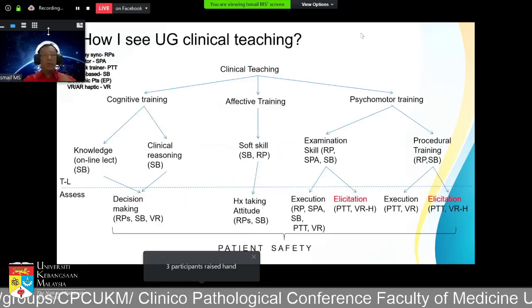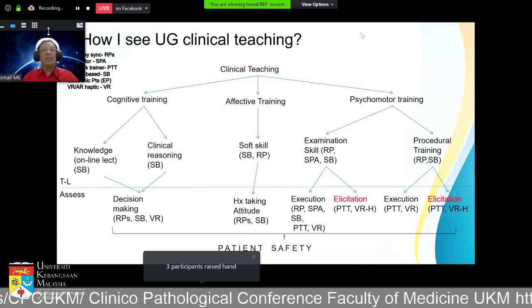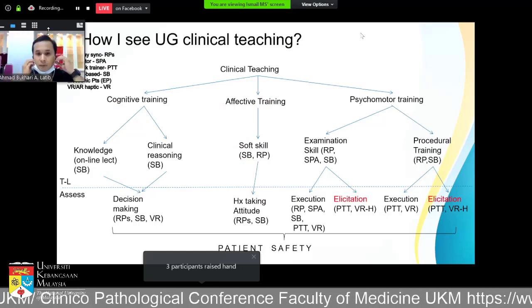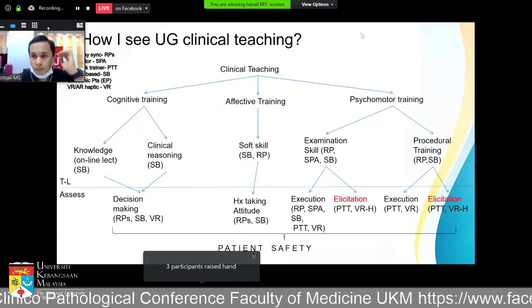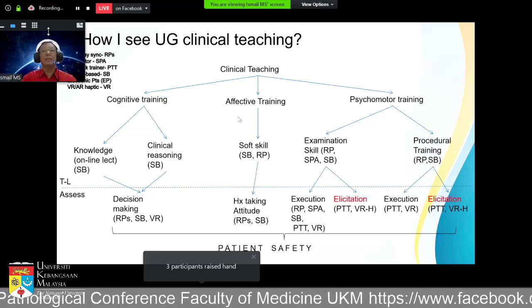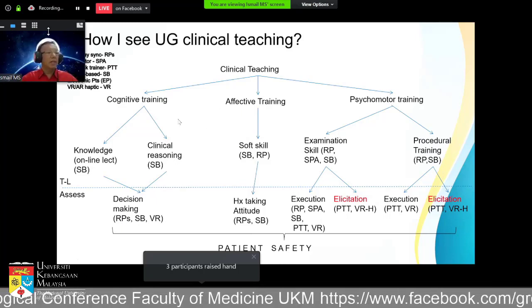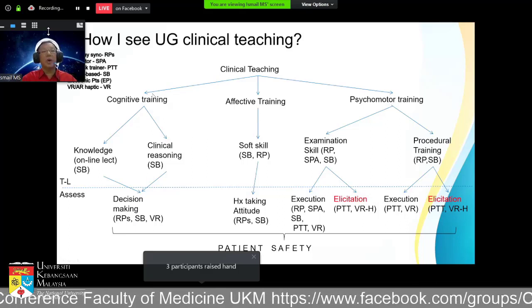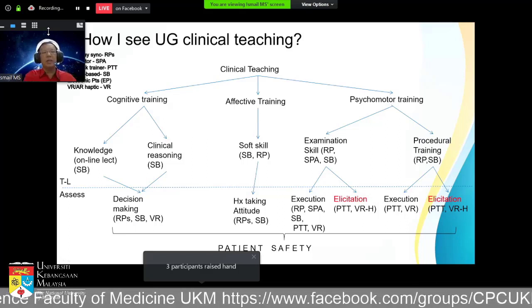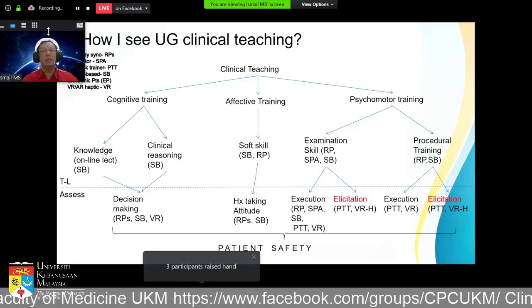Okay, this is actually how I see the undergraduate clinical teaching can be done or can be assisted by simulations. We have these three things. We divide it into cognitive training, affective training, and psychomotor training.